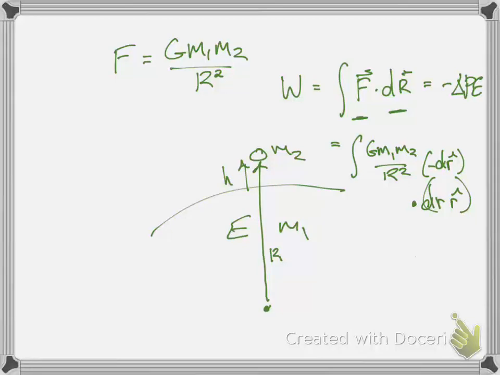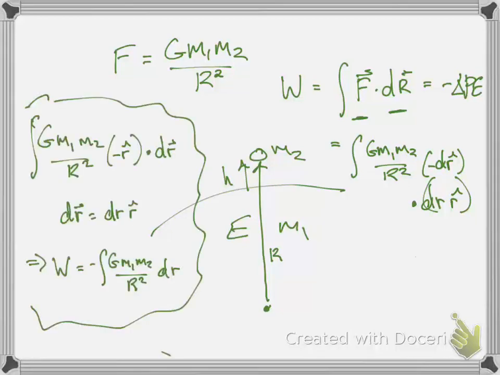That's a little messy, so I rewrote it over to the left, taking into account these are vector equations, and this is a dot product. The direction of the gravitational force is in the minus r hat direction. The direction of dr is in the plus r hat direction. That's the second line over here, and the first line was what I read.